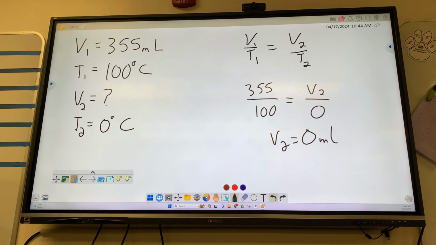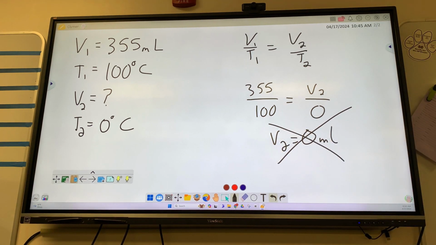Can something with mass have a volume of 0? Sure, but there was definitely steam in there, right? How could that possibly have a volume of 0? A black hole. We tried that yesterday. So you cannot have this.